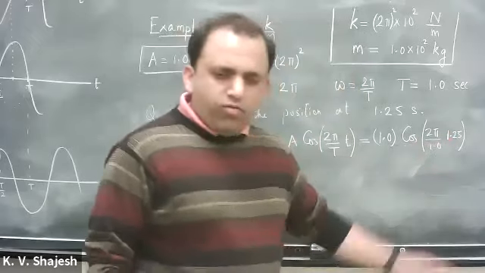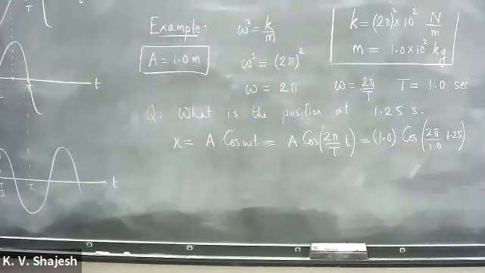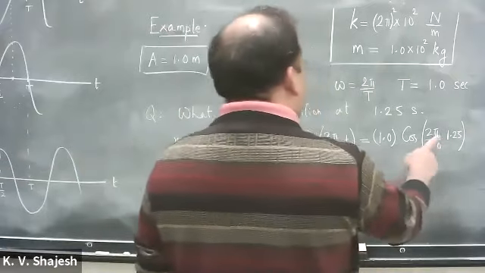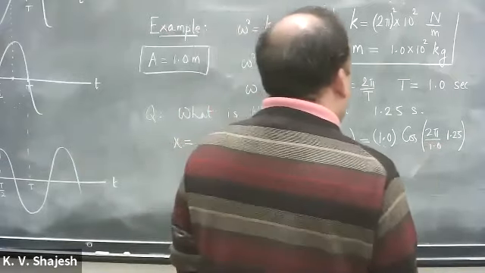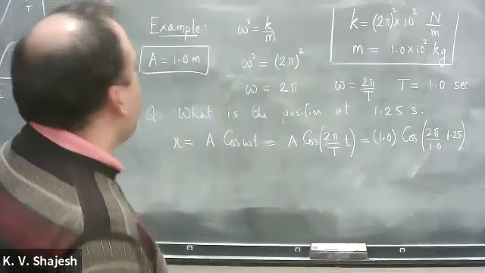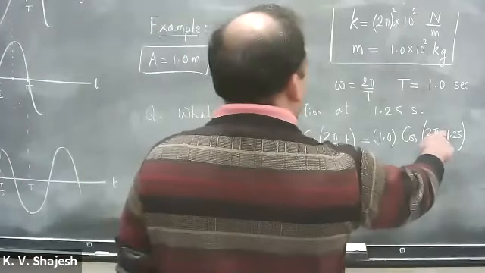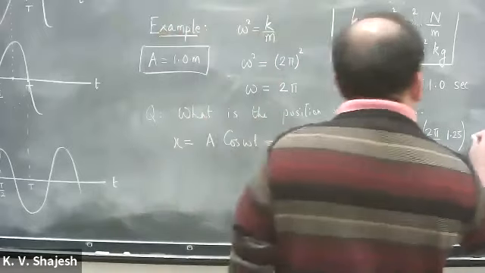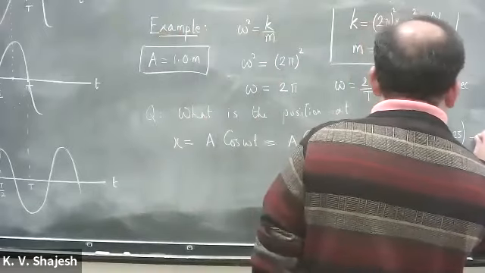So that's 5 over 4, and that gives us 5 pi over 2. 4 pi over 2 will be 2 pi, so it is basically pi by 2. If you put this in the calculator, make sure that you do this in radians. But this comes out to be 5 pi over 2. I can subtract out 4 pi out of it, and this will come out to be exactly 0.